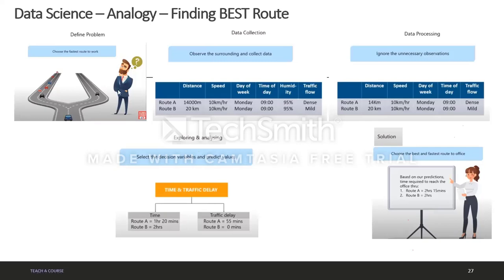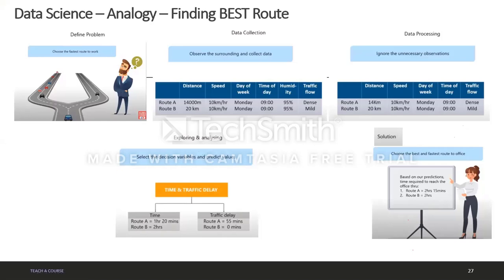He is getting ready for the office and at the same time wants to travel by either route A or route B, but he found a lot of issues when traveling route A and route B, right? And he is going to analyze which route is possible based on the timing, the day and other factors. Okay, so what he's doing is collecting the data, right?